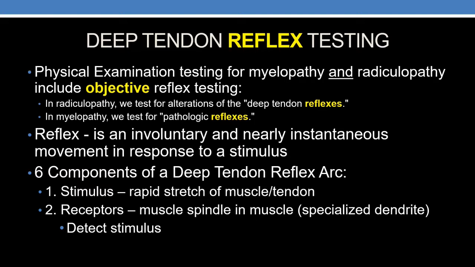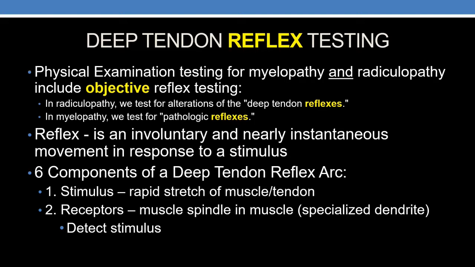The second component of the deep tendon reflex arc are the receptors. Our receptors, whose job it is to detect this stimulus, this rapid stretch of the muscle or tendon. And these receptors, in the case of the deep tendon reflex arcs, are called muscle spindles, which are specialized dendritic endings.